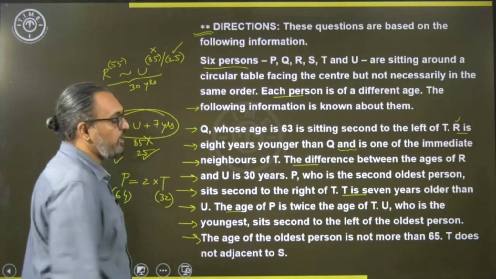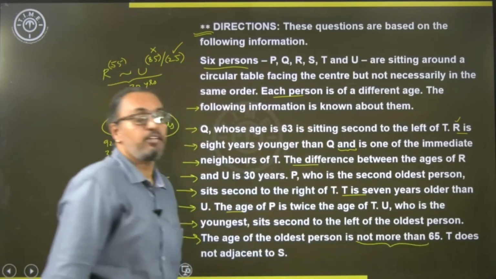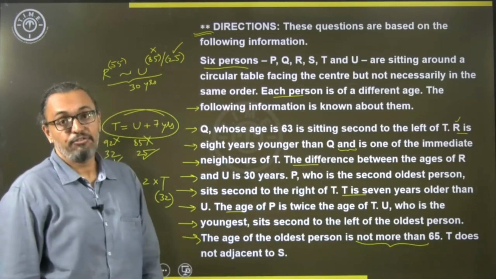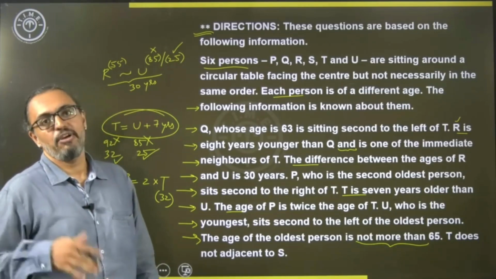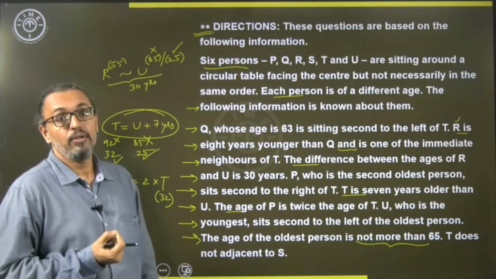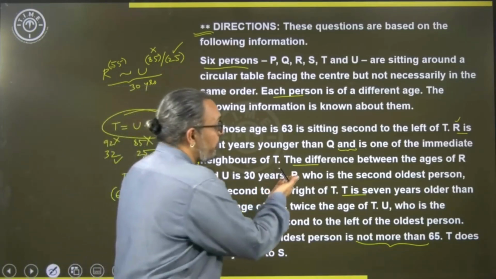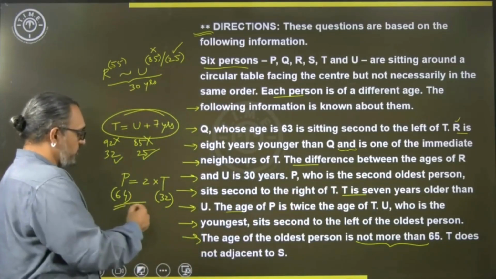The age of the oldest person is not more than 65. Not more than 65 should not in this case be considered as less than 65, because if I take less than 65, the first number I will get is 64. But 64 is already given to the second oldest person, P, correct? P was given as 64.